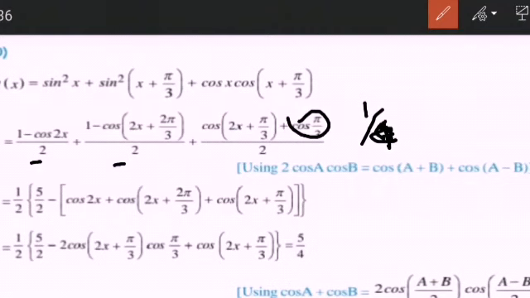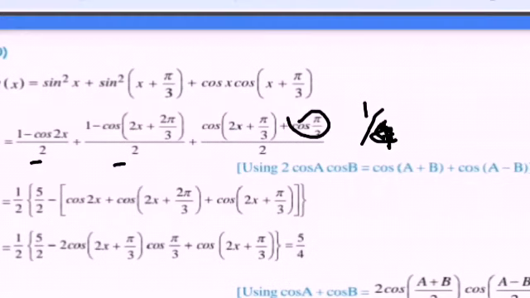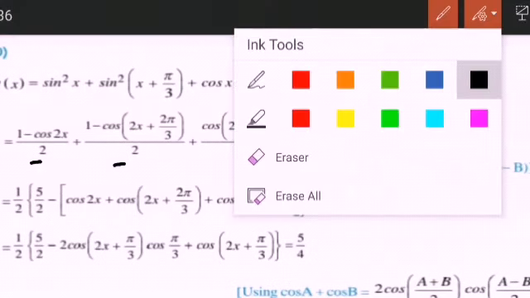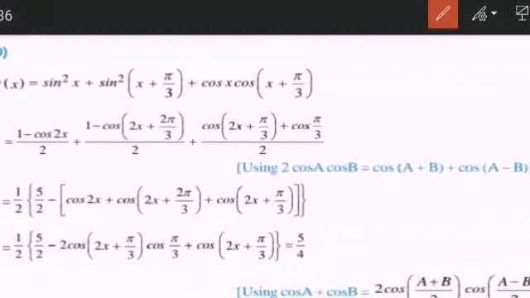So that is 1 by 2 of [5 by 2 minus cos (2x plus 2 pi by 3) plus cos 2x plus cos (2x plus pi by 3)]. Adding these numbers: 1 by 2, 1 by 2 and 1 by 4 plus 1, that is 5 by 4.